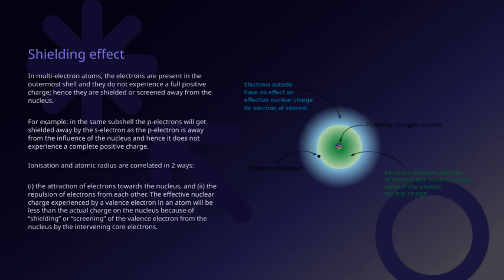In multi-electron atoms, this becomes even more significant because the electrons in the outermost shell aren't experiencing the full positive charge of the nucleus. Instead, they're partially shielded by the inner electrons, which leads to a reduction in the attractive force they feel. This is what we call the shielding effect, a crucial concept in understanding atomic structure and behavior.